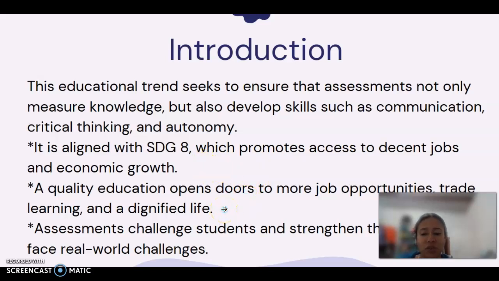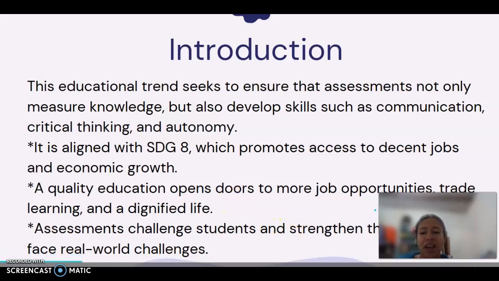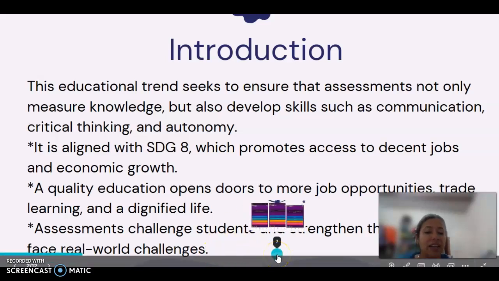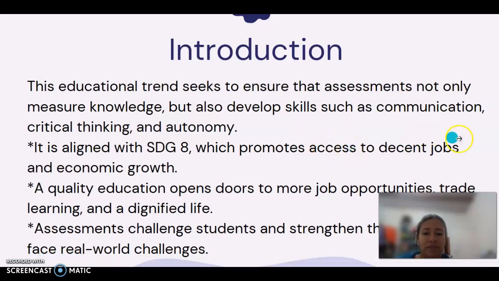A quality education opens doors to more job opportunities, training, learning, and a dignified life. Assessments challenge students and strengthen their skills to face real-world challenges.